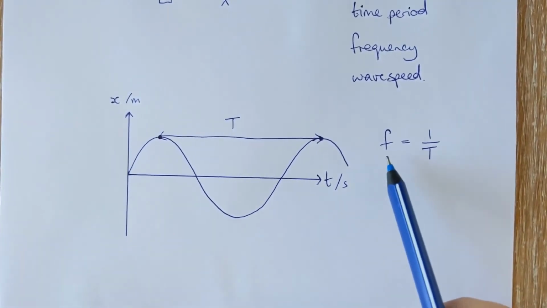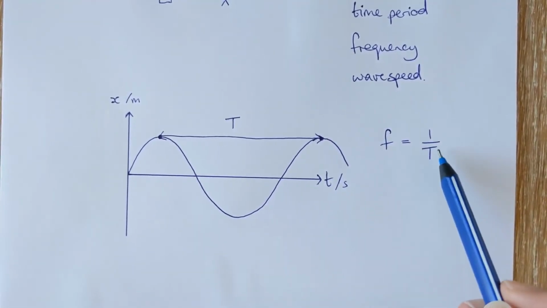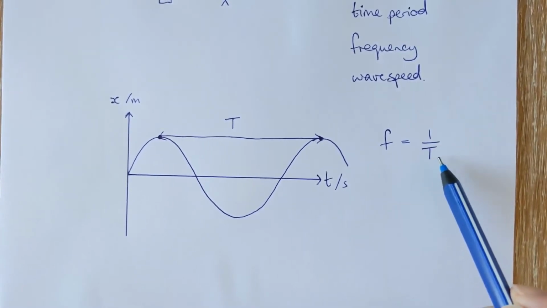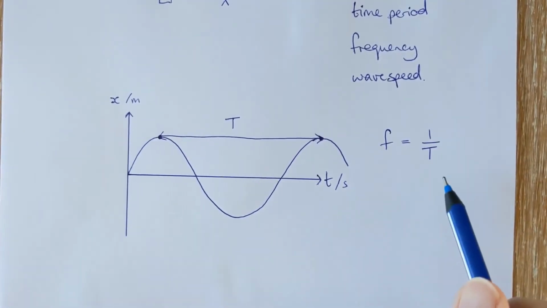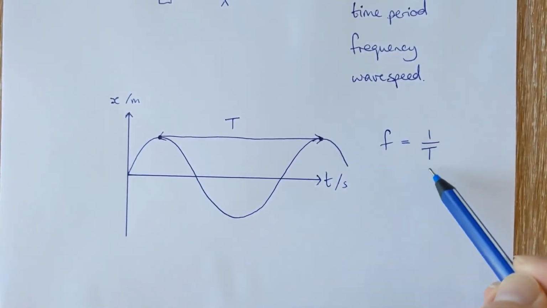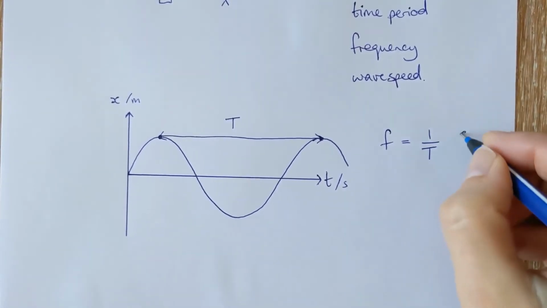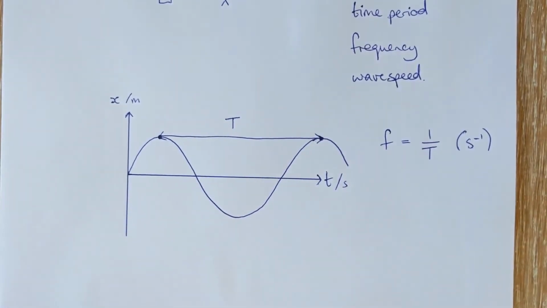So we can calculate the frequency, which is how many waves go past per second. Let's say that it takes half a second for a wave to go past. That means that 2 waves are going to go past per second. And I just want to point out here that in base units, that means that frequency has the units per second, s^-1.